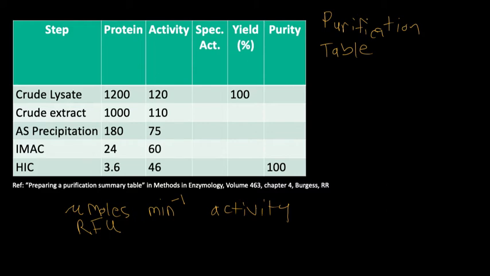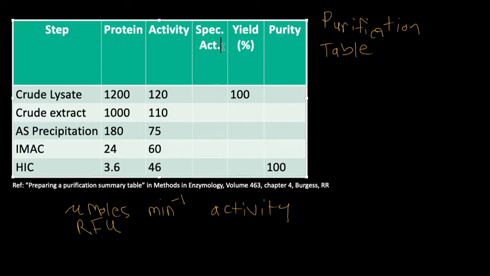So we've got some numbers here in the protein and activity columns. Now we want to see, well, what is our specific activity? That's essentially the units, which we've indicated as activity, per milligram of protein. Let me see if I can get rid of this pen now. I think I just hit escape.